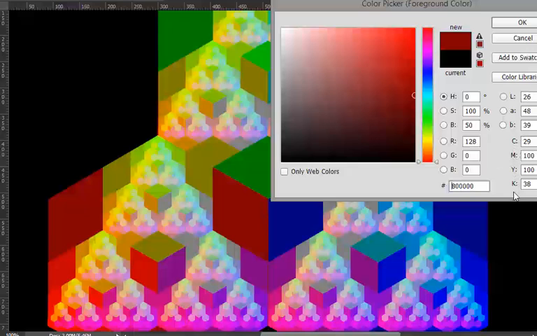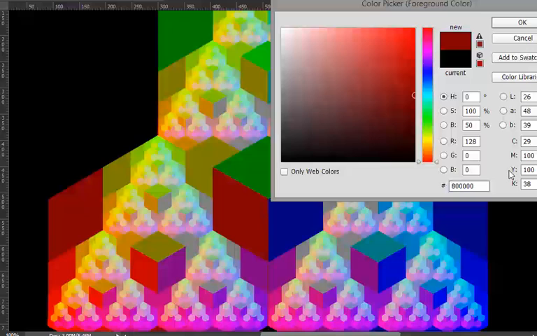CMYK is based off a color theory by a dude who spent like 40 years studying color and writing a book about it. And the idea is that there's cyan, magenta, and yellow.